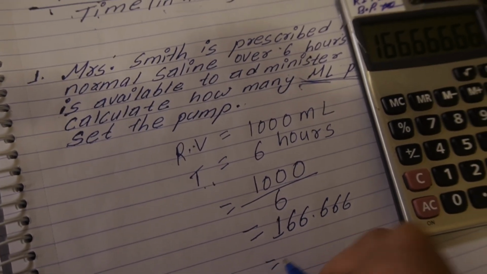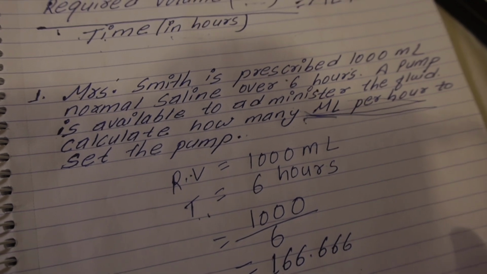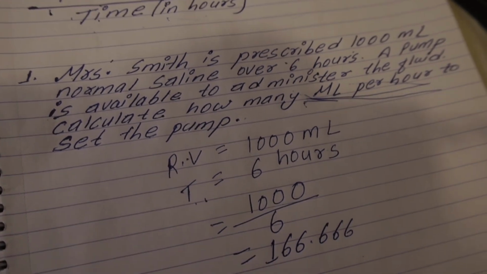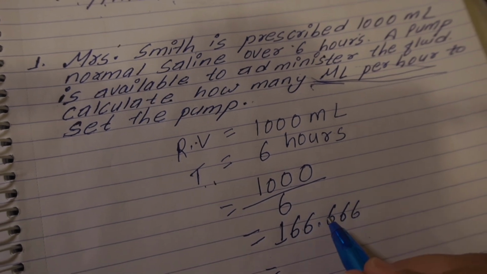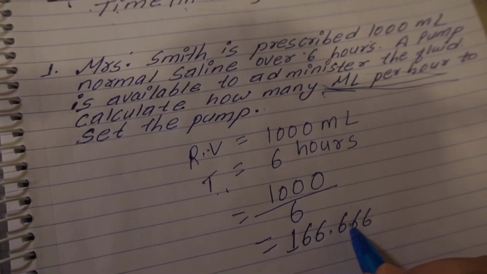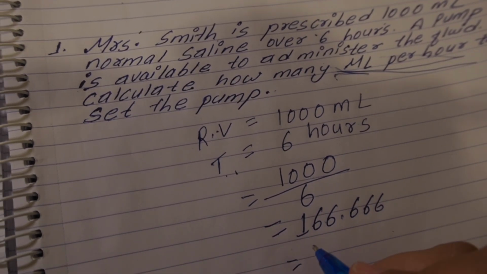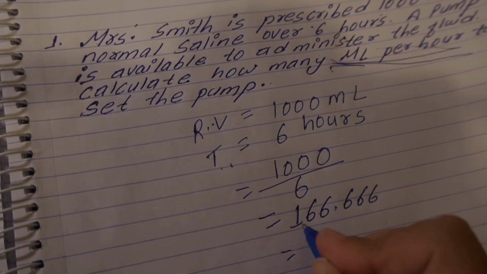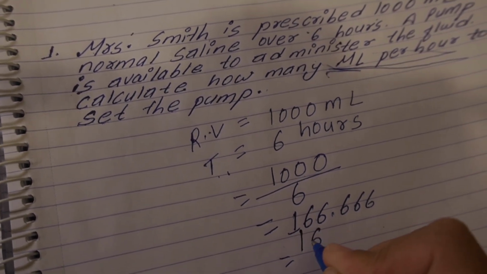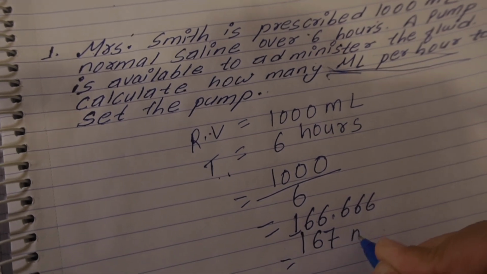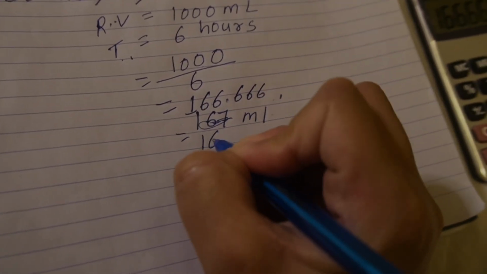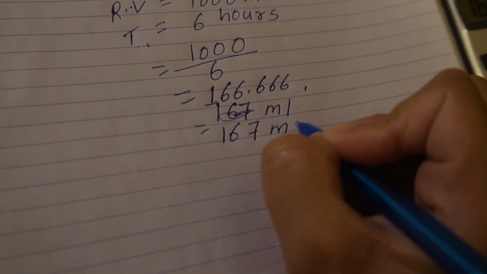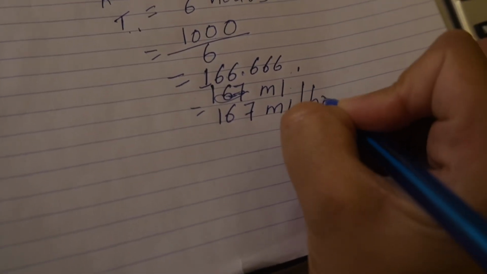In the volumetric pump, we can't use decimals, so we need to round. The digit is above 5, it is 6, so we round up by 1, so it is 167 ml per hour.